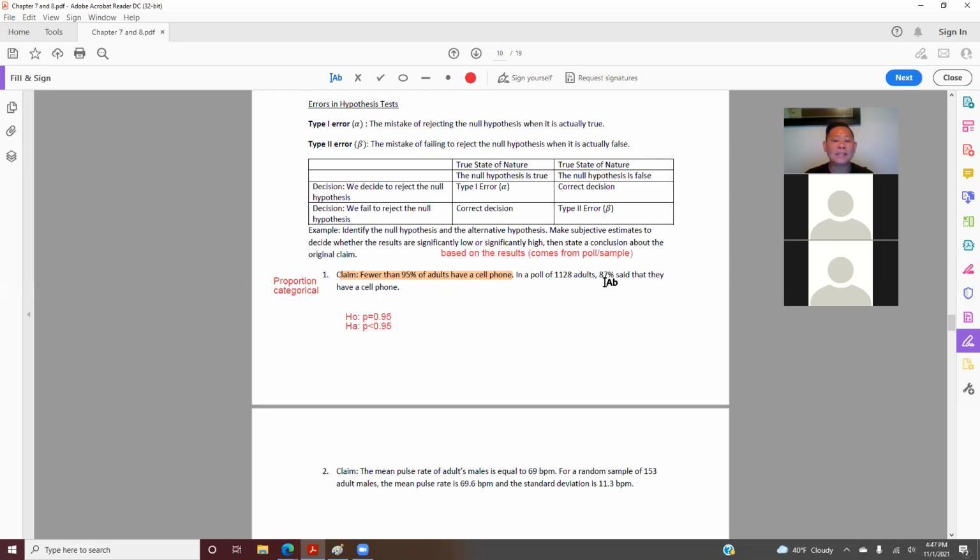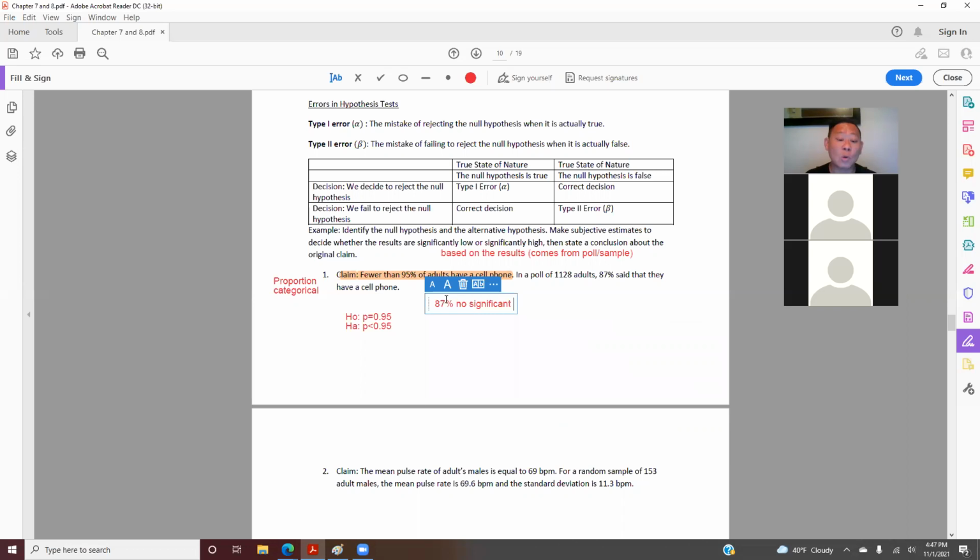Is this 87% meeting fewer than 95% of adults? Yes, they do. So they meet it, right? Because 87% is fewer. So this 87% is what we call no significant.